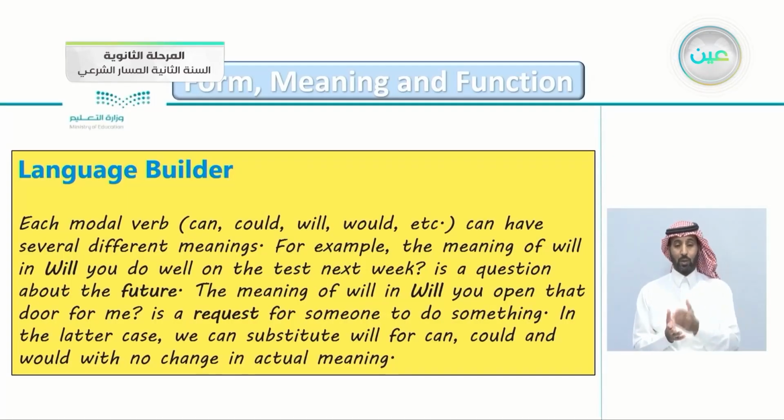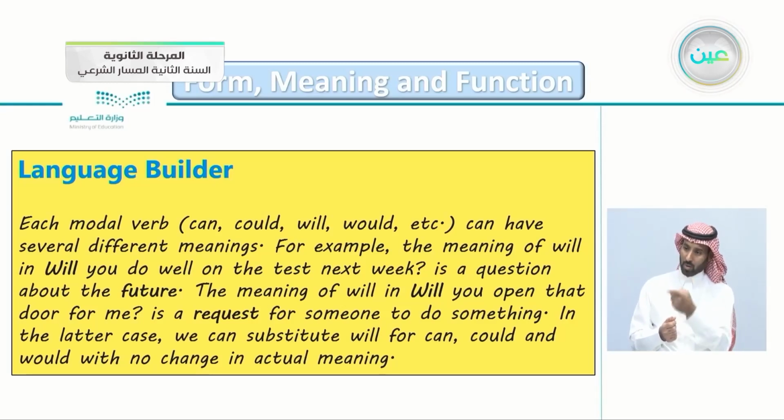Language builder: each modal verb, can, could, will, would, etc., can have several different meanings. Of course, we know that. For example, the meaning of will in "will you do well on the test next week" is a question about the future. The meaning of will in "will you open that door for me" is a request.